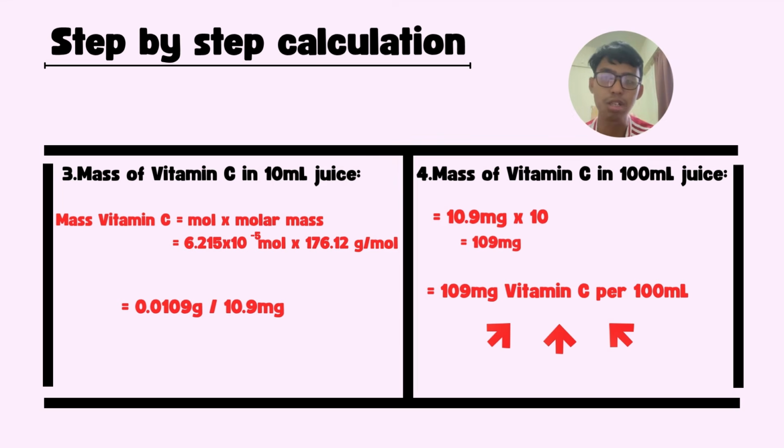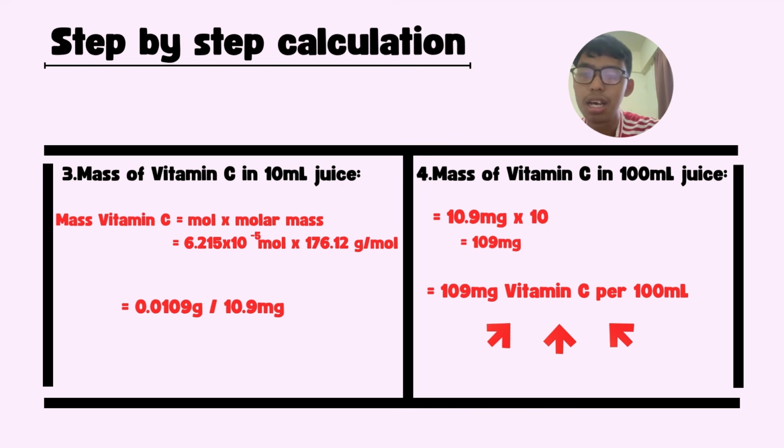Step 3, we need to identify the mass of vitamin C in 10 milliliters of juice. We multiply the moles of vitamin C by its molar mass. The molar mass is 176.12 gram per mole. After multiplying, we get 10.9 milligrams as the answer.